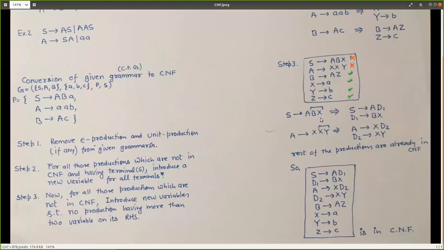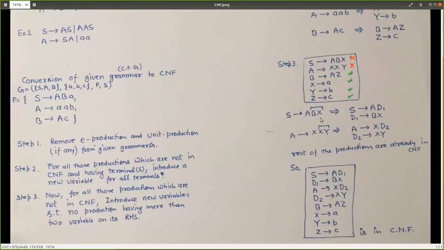Why is it so? Because if there were a terminal and it is not in CNF, that would be treated in step 2. So if it is the output of step 2, there would be no case where on the right hand side there is a terminal and that production is not in CNF.